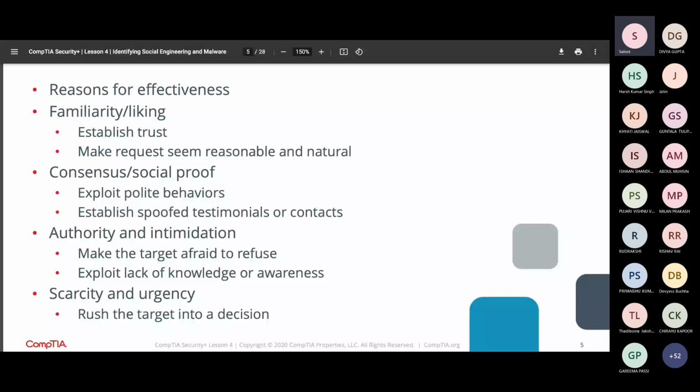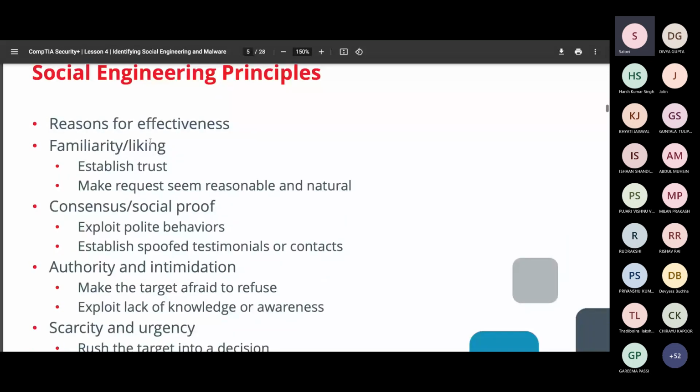So the victim, believing many different people have judged the site acceptable, takes this as evidence of the site's legitimacy and places their trust in it. So this is how they are breaching people's trust with social engineering. This is the second principle of social engineering.